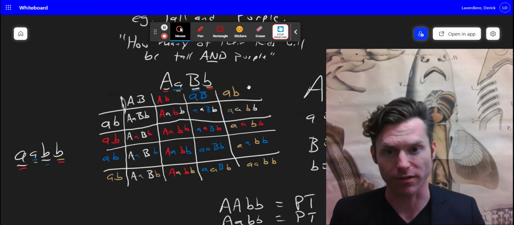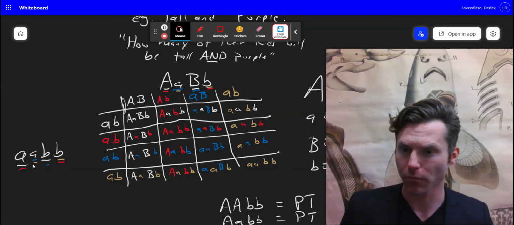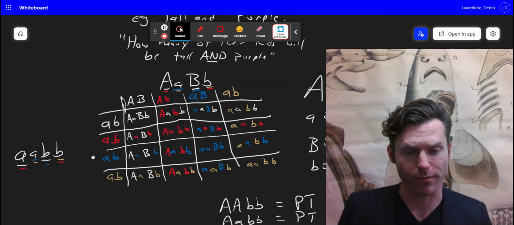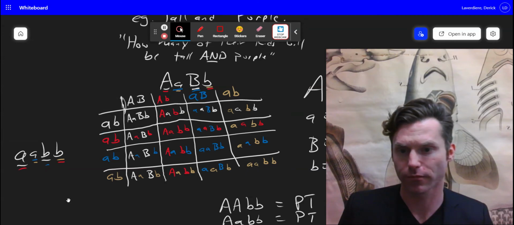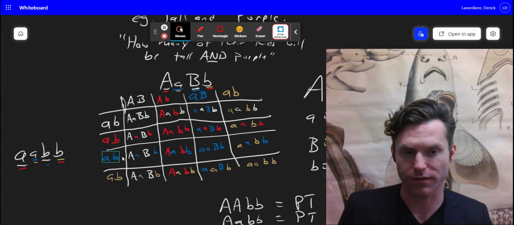So we've made the gametes here at the top. Over here with the female, we're making some eggies. The first one's the white. This A with this B makes that. Second one's the red, so it's this A with this B makes this egg. Third one's the blue, so it's this A with this B makes that egg.